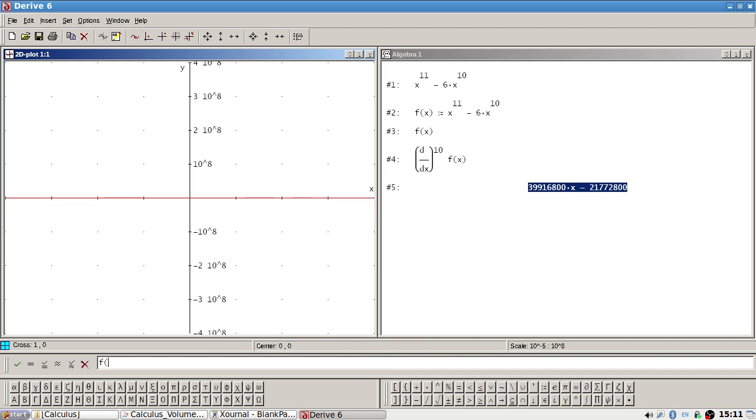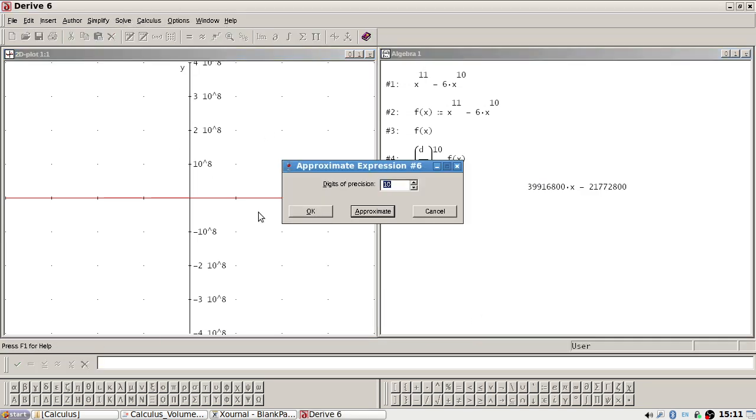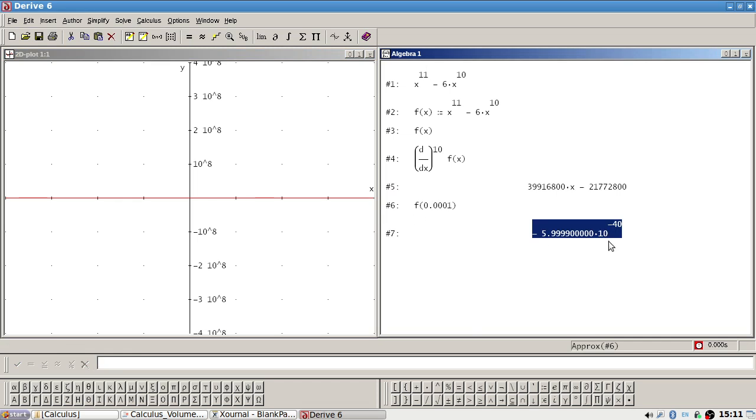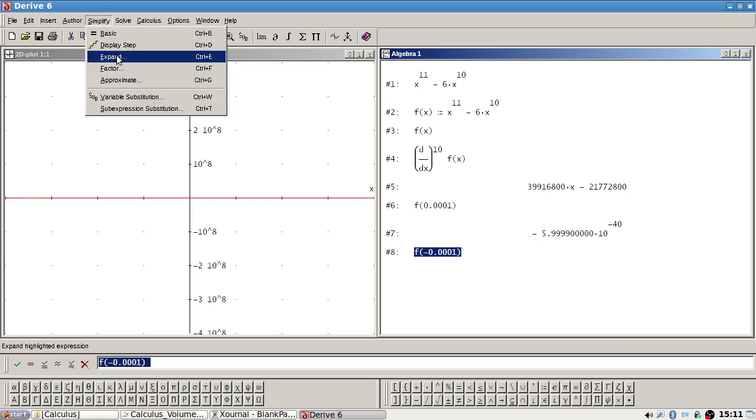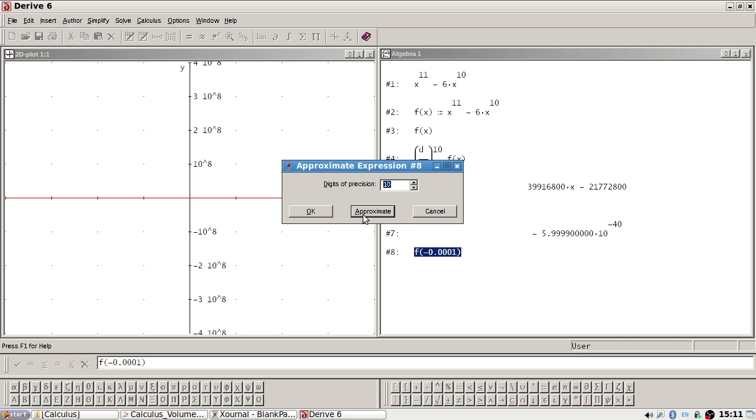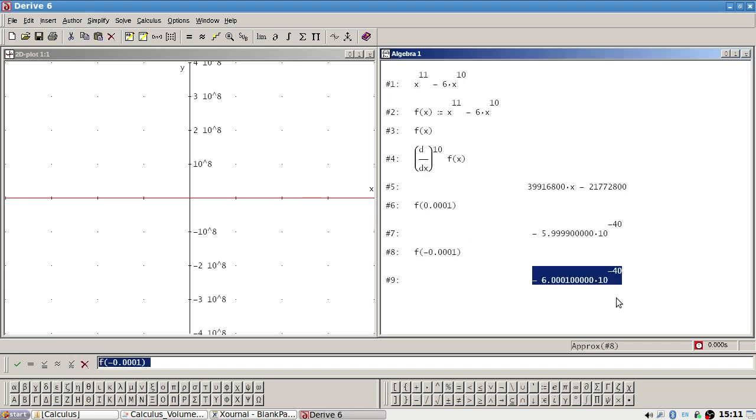Let's try f of 0.0001. Okay, that's a tiny negative number. It's also a tiny negative number. So what about at 0?